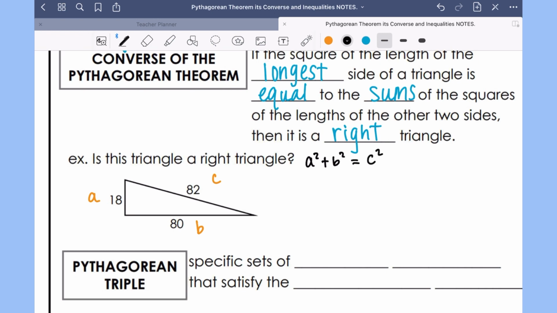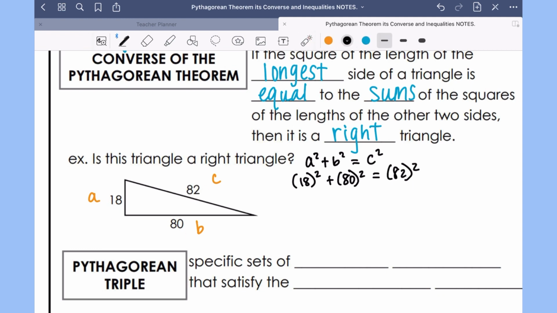Now we just plug in values. So it's back to algebra. I'm going to use parentheses so we can see every input: 18 squared plus 80 squared equals 82 squared. I'm getting those numbers from my image, A, B, and C.